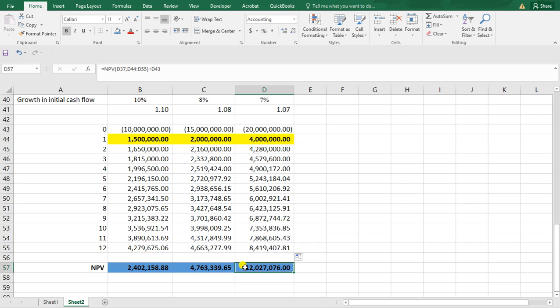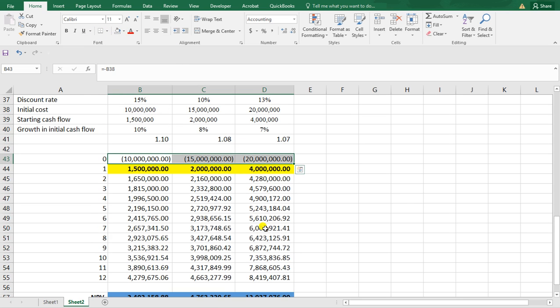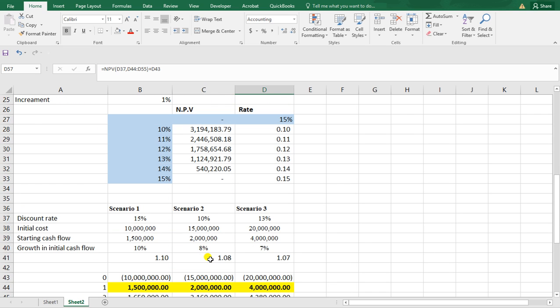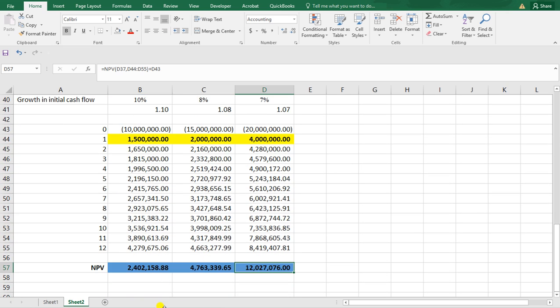So this will be our NPVs at different scenarios, where we are talking of scenario 1, 2, and 3. This will be our NPVs. And that is what the examiner wanted you to determine in this question of ours.